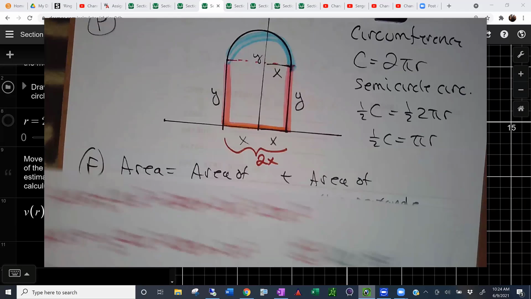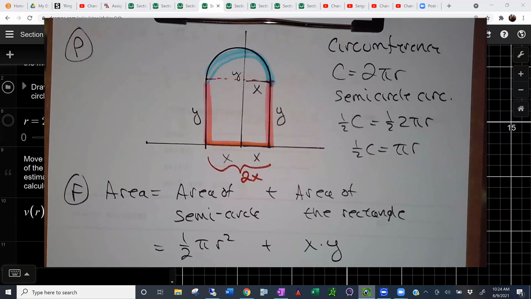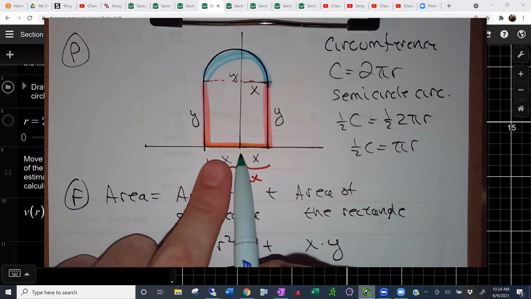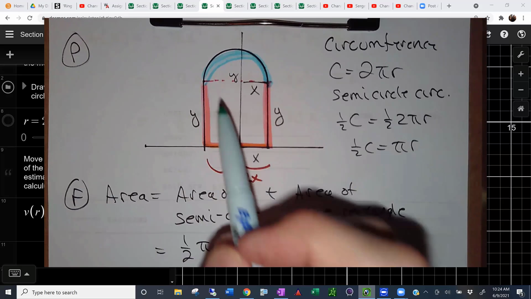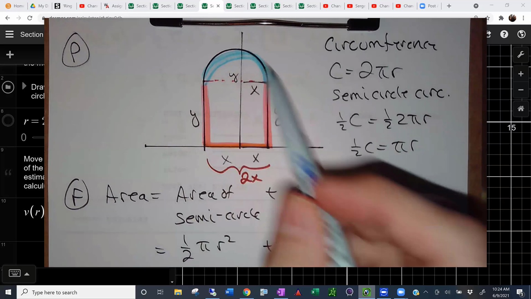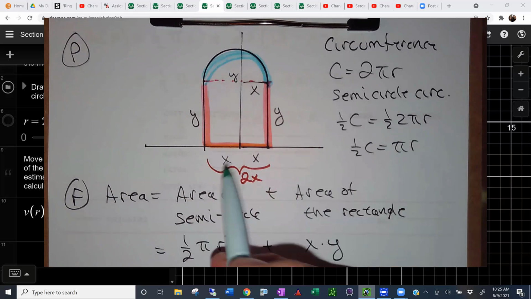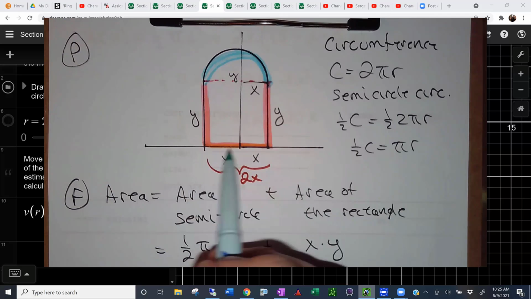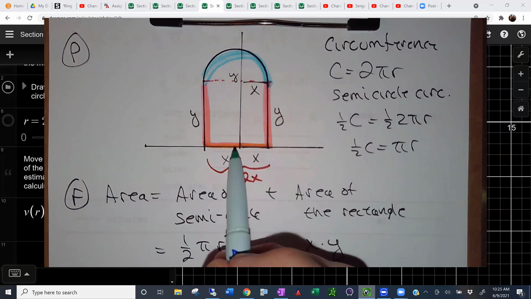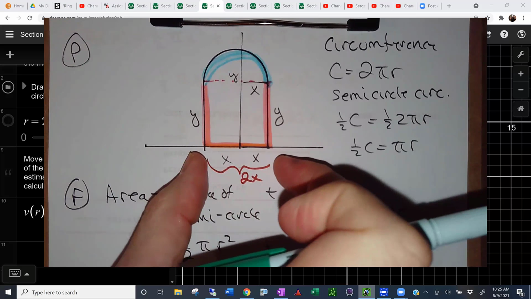So we've only got 30 feet of window to work with, and I just took a really simple approach. It's not even the most accurate approach because you've got length around at the top and at the bottom. But just keeping a simple approach, I've got x feet this way and x feet that way. So the width on the bottom is 2x, correct?